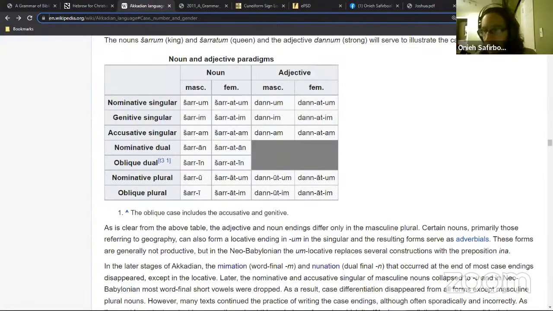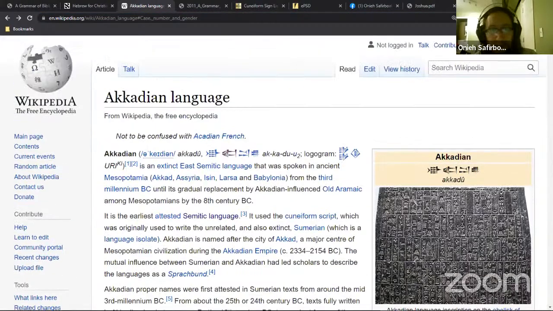Okay, so we've got the verbs. Let's see, where's the verbs?